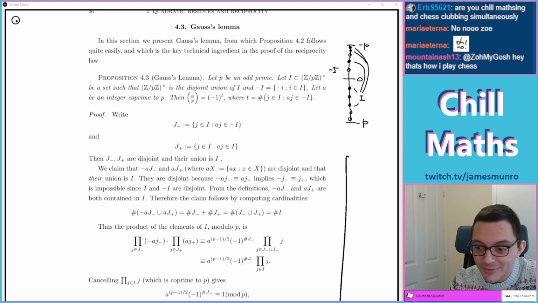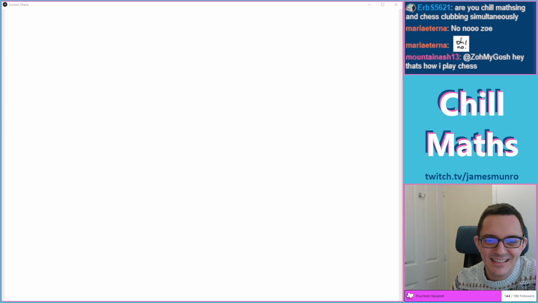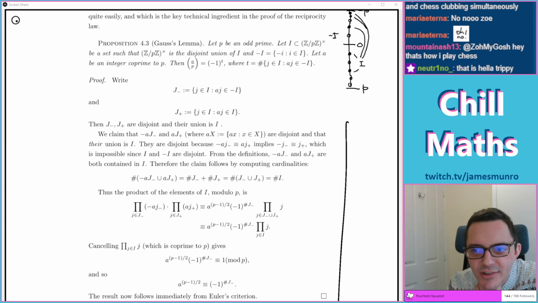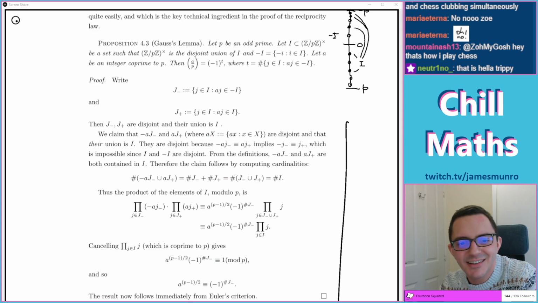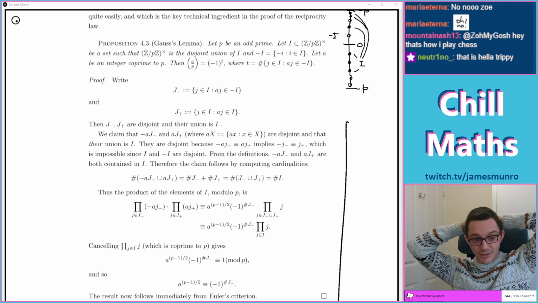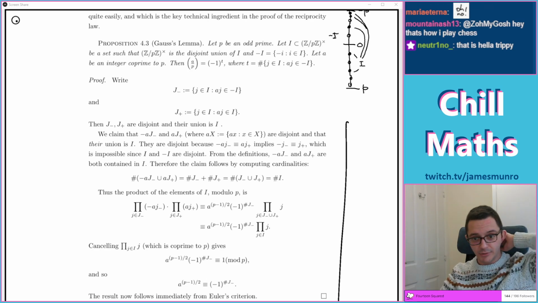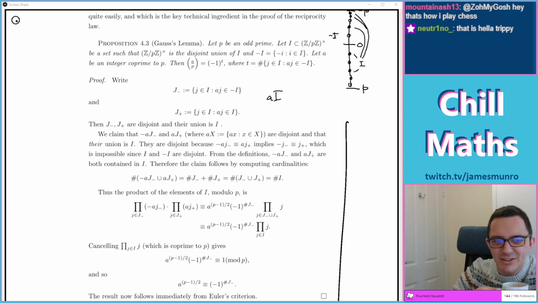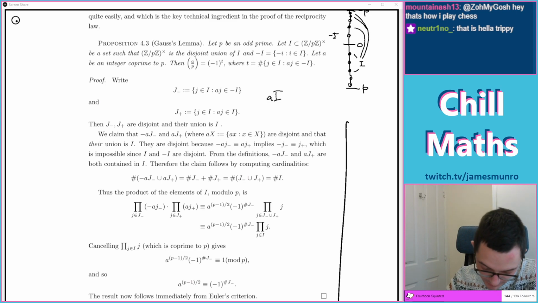Right, putting off reading the proof of Gauss's lemma. Why does the screen do that sometimes? Okay. Count them. Is this in minus I or not? The union is I. Oh my goodness. A is coprime to P. So when you multiply everything in I by A, you get a shuffling of everything that's in I. Oh no, bother. No, because I is only half of the elements.